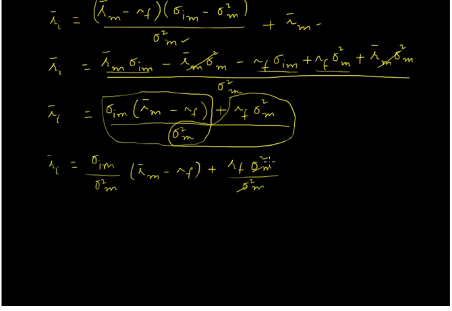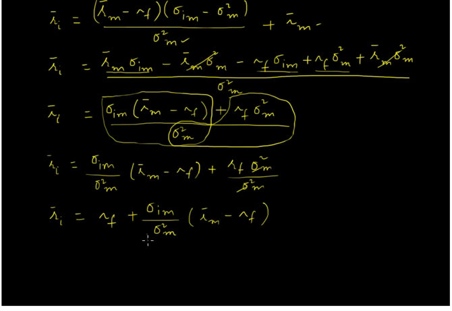So this is going to cancel with this. So what we have now, Ri bar will be equal to, I'm writing this item first, Rf plus, now this item, covariance between I and m over variance of m times Rm bar minus Rf.